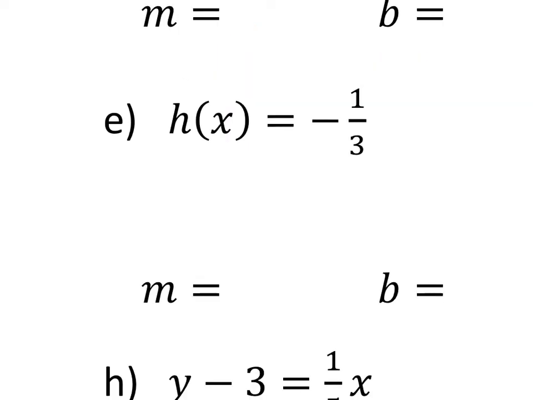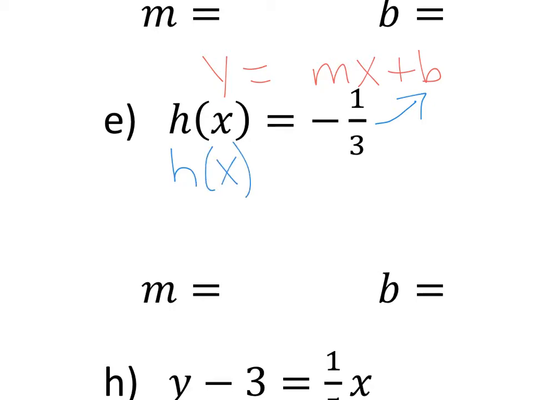Letter E, h of x equals -1/3. Y equals mx plus b. Well, we do have -1/3 here, but there's no variable attached. So actually, this represents our constant. If I were to rewrite this to identify our slope and y-intercept, we don't have an x term.